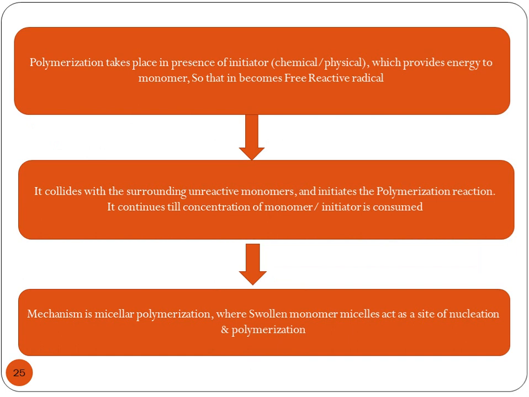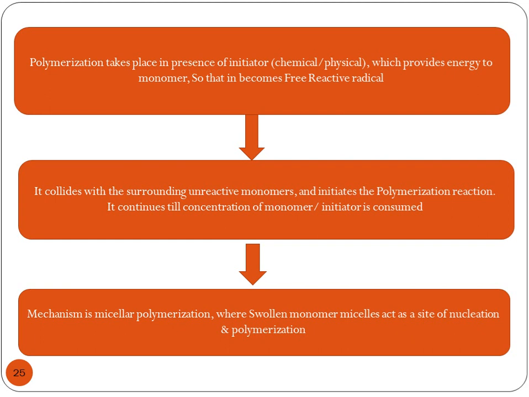Then polymerization takes place in the presence of an initiator. It may be a chemical or physical initiator which provides energy to the monomer so that it becomes a free reactive radical and combines with other monomeric units. It collides with the surrounding unreactive monomers and initiates the polymerization reaction. It continues till the monomer or initiator is consumed.